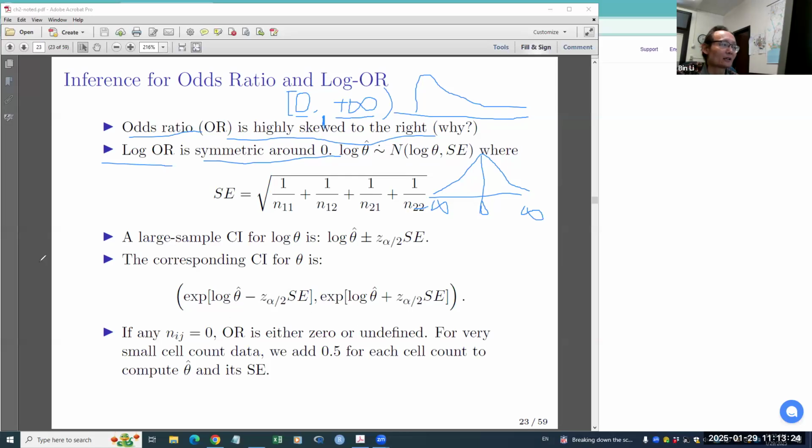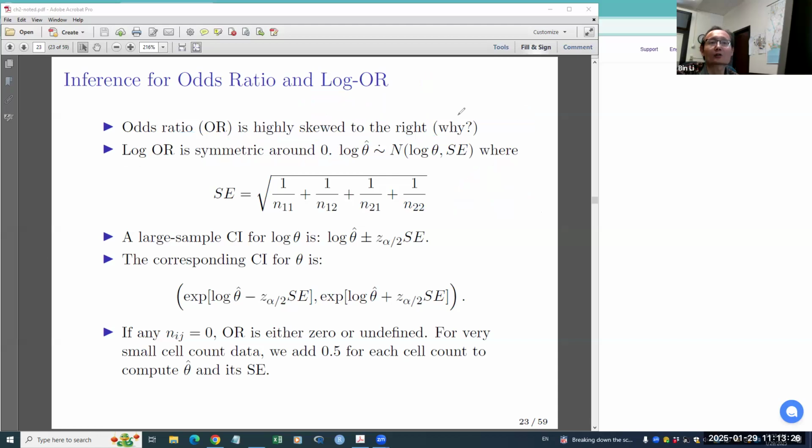Okay, so that's why people like to do the log transformation to do the inference on the odds ratio, because we feel much more comfortable doing inference when it's symmetric and around 0, right?